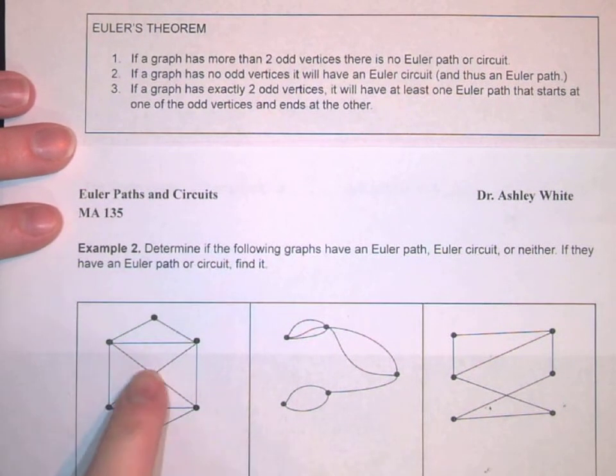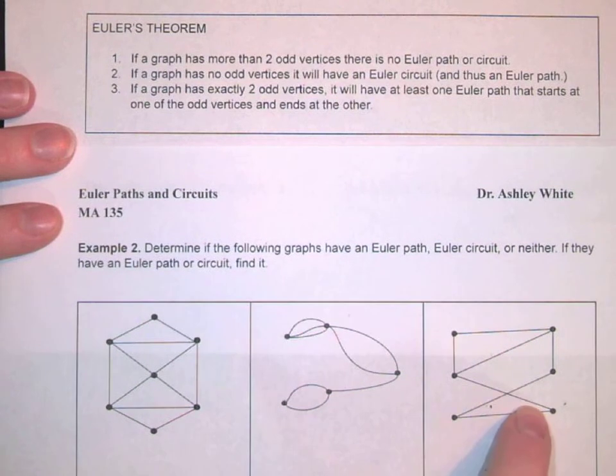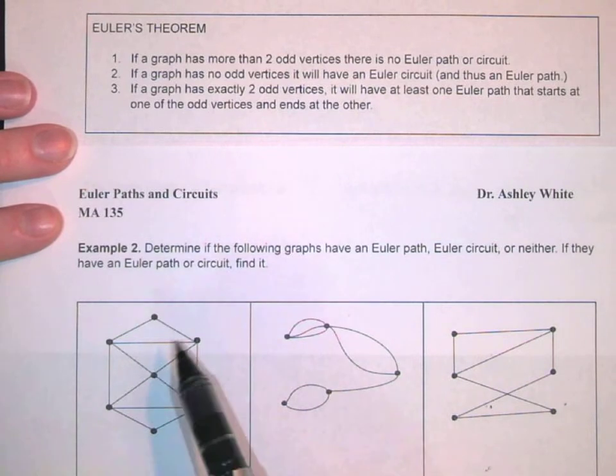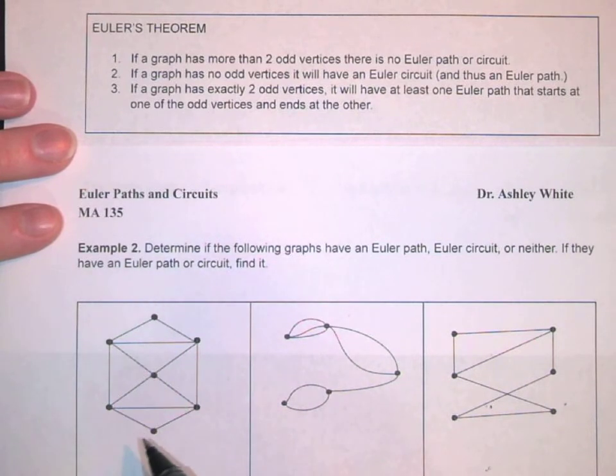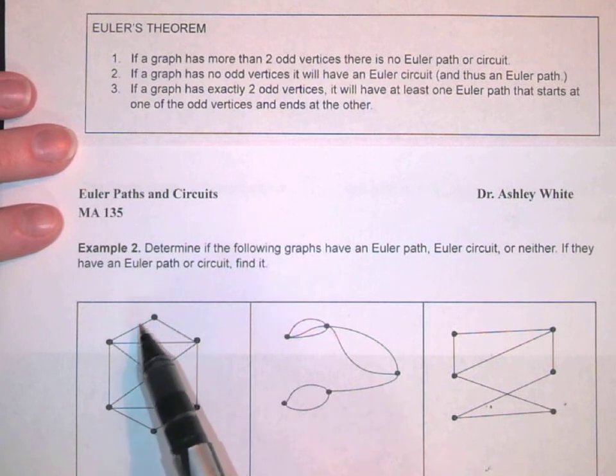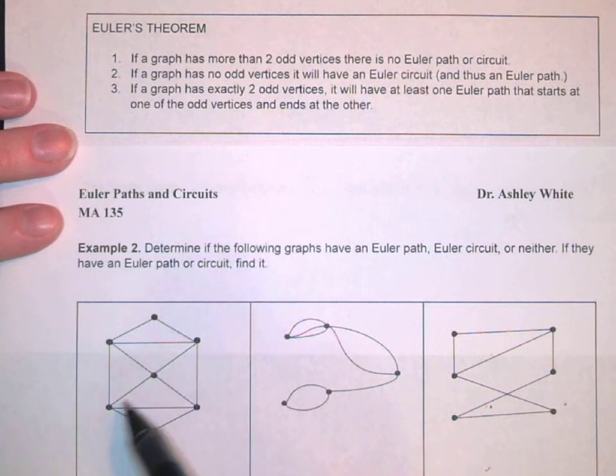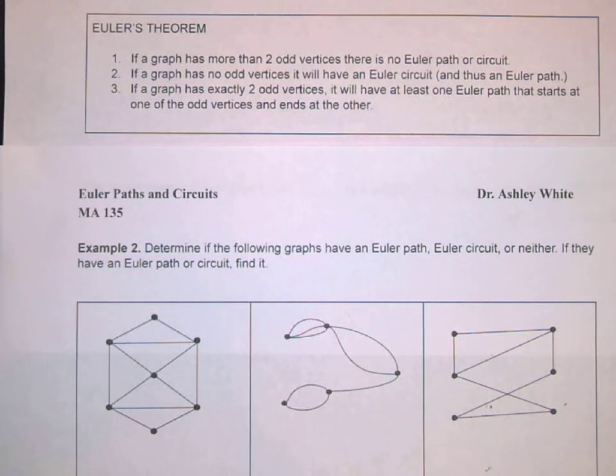Determine if a path or a circuit exists, and then see if you can find it. Another way to think about it, sometimes this problem, this particular one on the left, is presented as, can you draw this without picking up your pen? So pause your video and then start back when you feel like you have an answer for these.